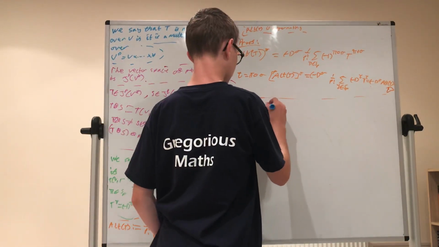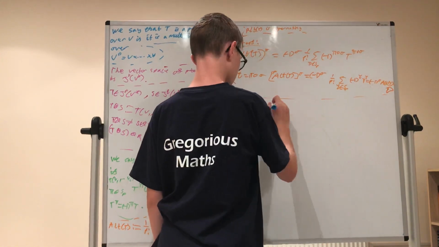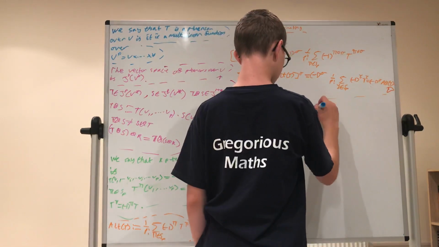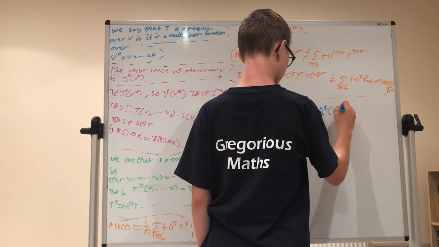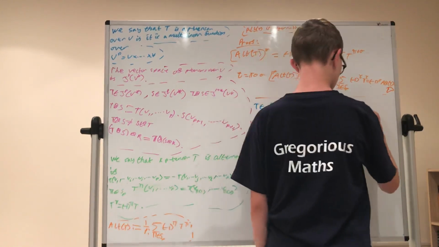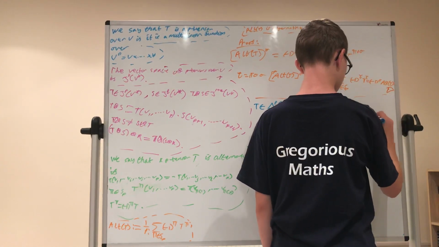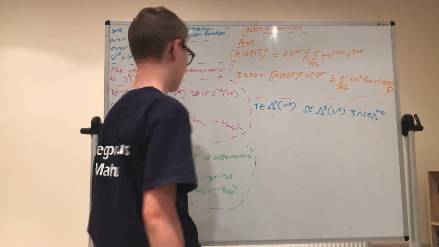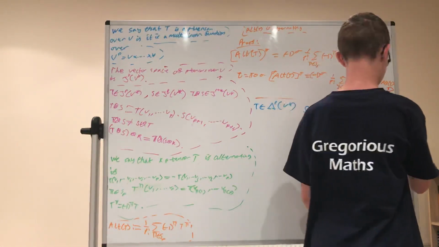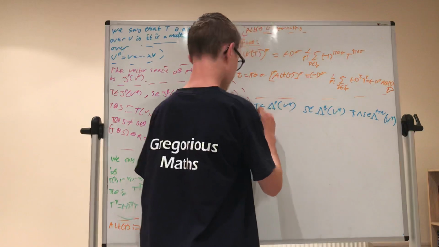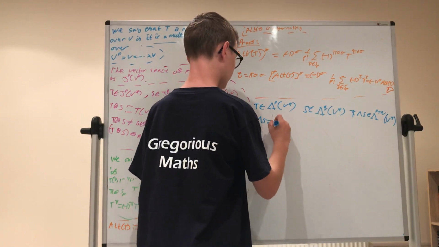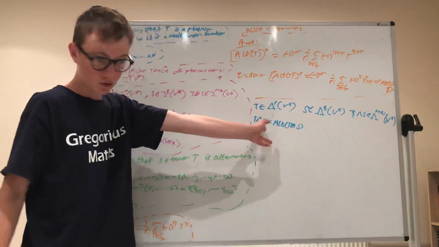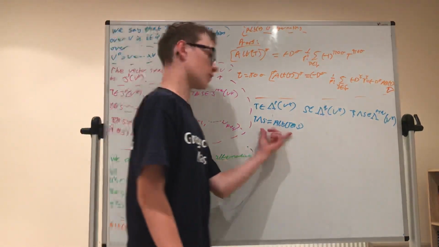So given T, an alternating P tensor over V, and S, an alternating Q tensor over V, we define T wedge S in this subspace of the space of alternating tensors over V star by T wedge S is equal to alt of T tensor S. And this is a much more interesting operation than the tensor product. And this is the one we're going to be working with.